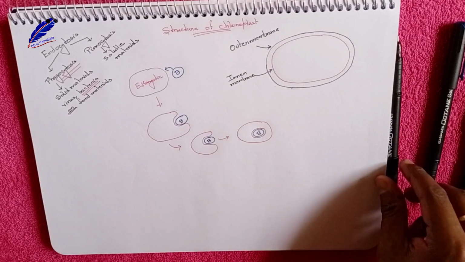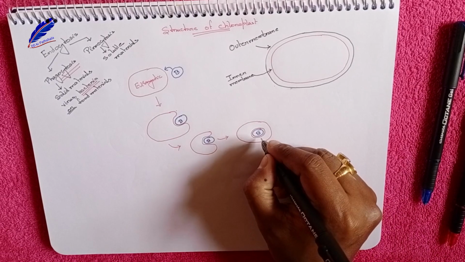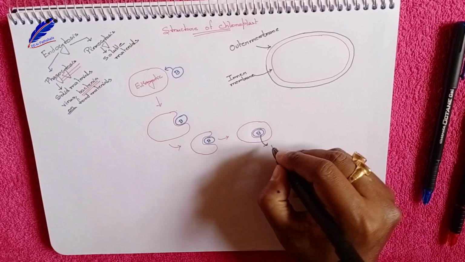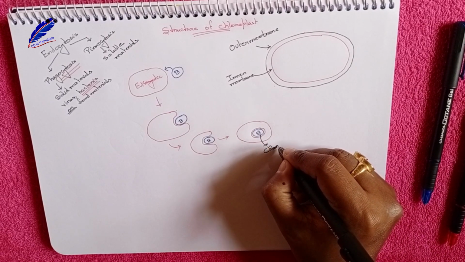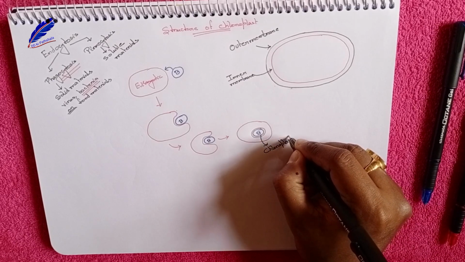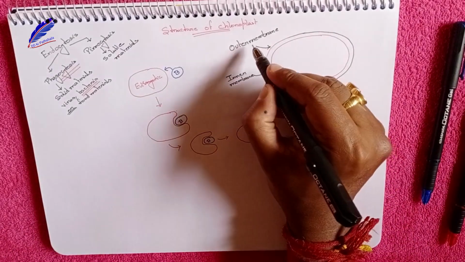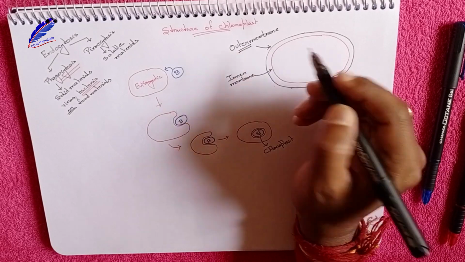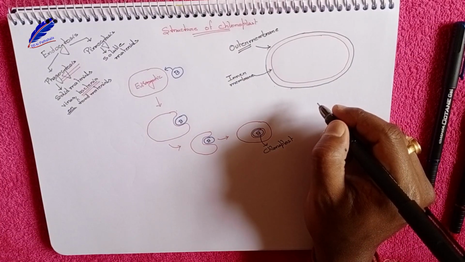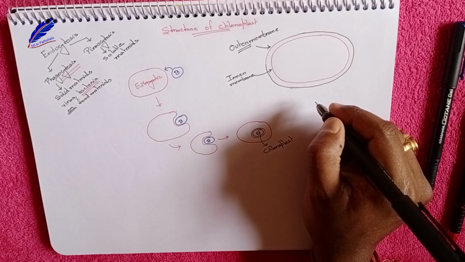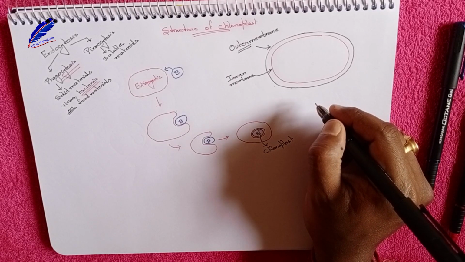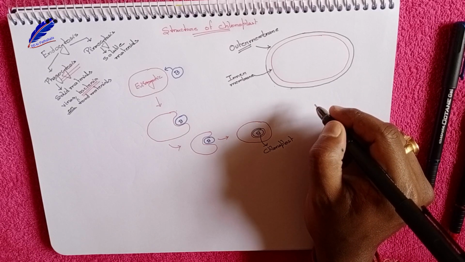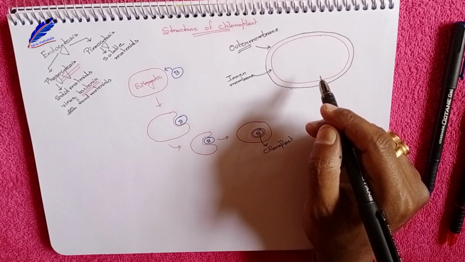So actually this bacteria is a chloroplast. The outer membrane of the chloroplast is nothing but the outer membrane of the eukaryotic cell through which chloroplast has entered, and the inner membrane is actually the bacterial plasma membrane.